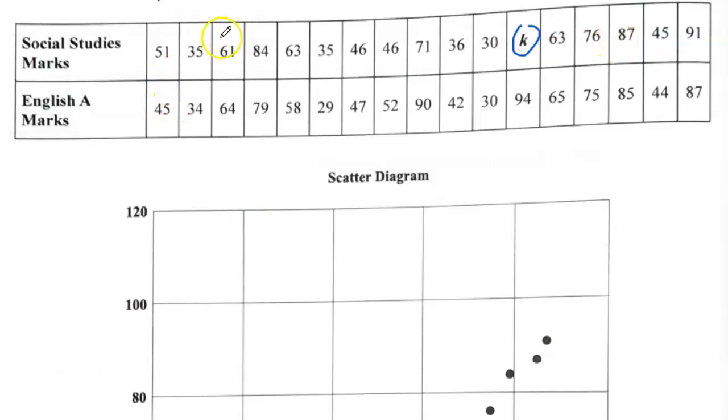How many numbers do we have here? 1, 2, 3, 4, 5, 6, 7, 8, 9, 10, 11, 12, 13, 14, 15, 16, 17. So we add up all of these values and divide by 17, and the mean should be 60. Let's use a calculator to add them up. When I add up all of these values, we'll get 920 plus the k.